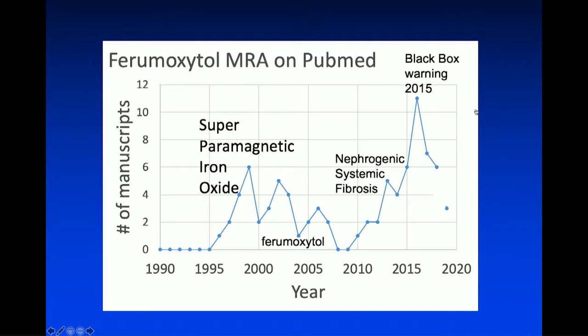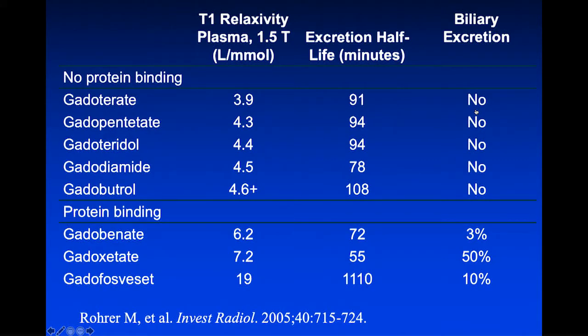And so since that time, there's been a little bit of a fall off in the enthusiasm. But on the other hand, Paul Finn's group has, especially with work from Lian Ning, looking at the use in MRA over multiple centers has shown that perhaps this allergic reaction risk is overstated. And maybe it's not as bad as people think. At least the use in MRA doesn't seem to be that dangerous.